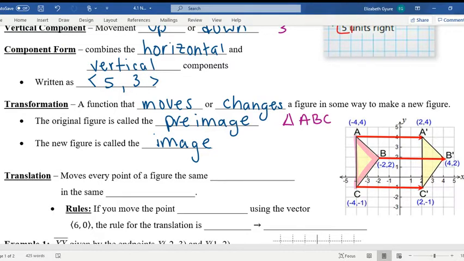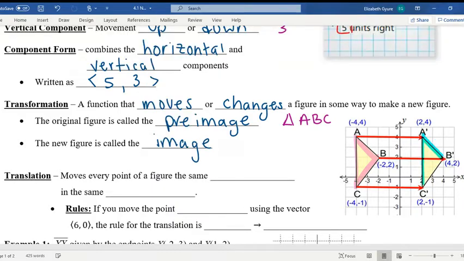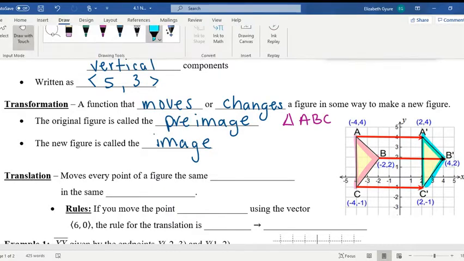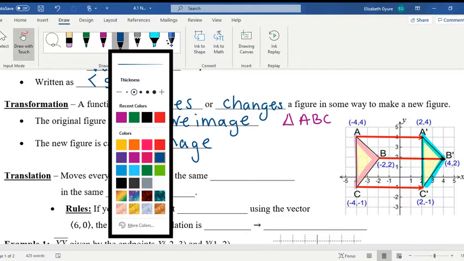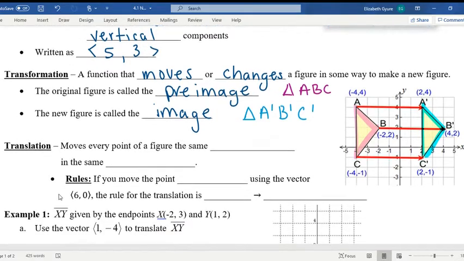You took it, you moved it, and your new picture is this triangle here, A prime, B prime, C prime. And how you would write that is literally you'd put your triangle symbol and then A prime, B prime, and C prime. And that's how you can tell the difference between them.